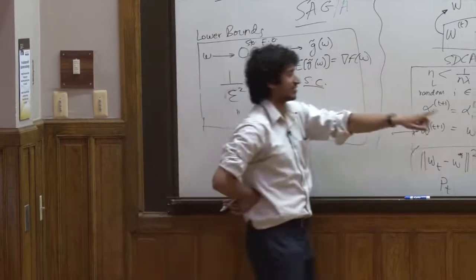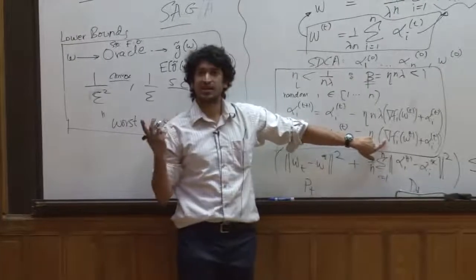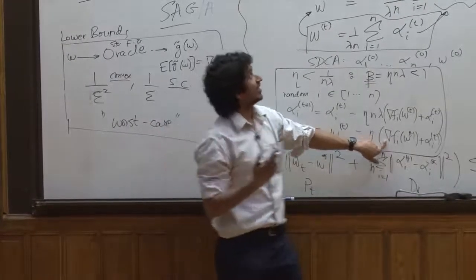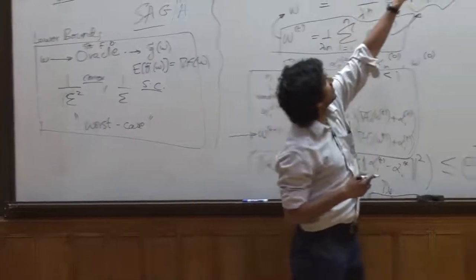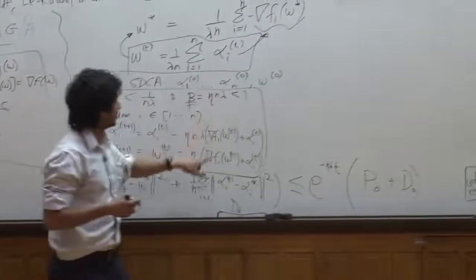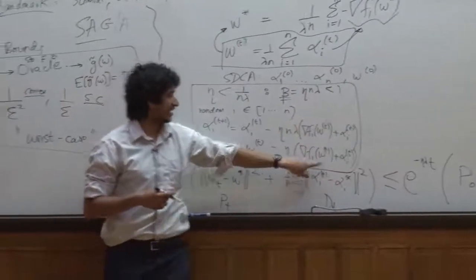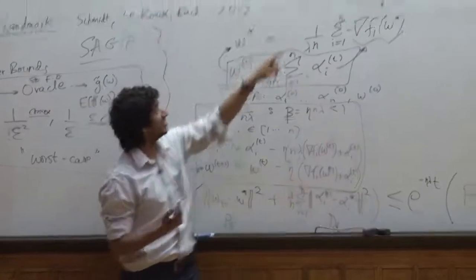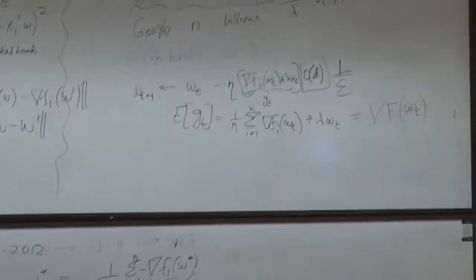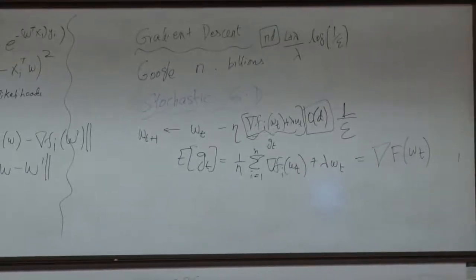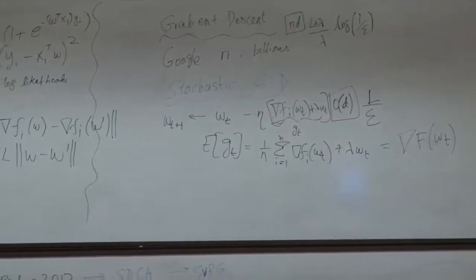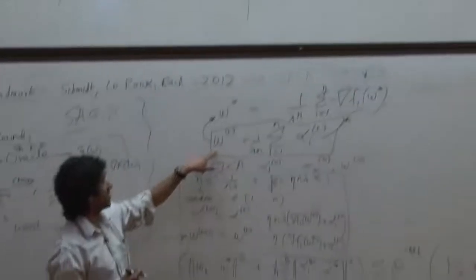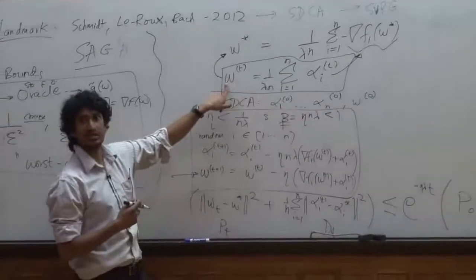Okay, so let's just make a couple of simple observations. The true gradient is an average of all those gradient of Fi's. So when I take the expected value of this gradient, I get the average of all of these. So that's my first term of the gradient. And my second term is an average of all the alpha i's. But I'm maintaining the fact that the average of all the alpha i's is in fact lambda times Wt.